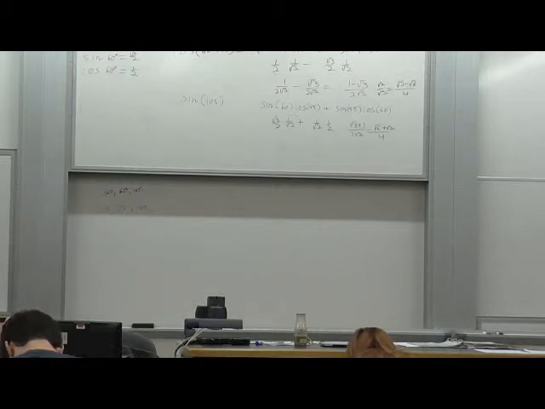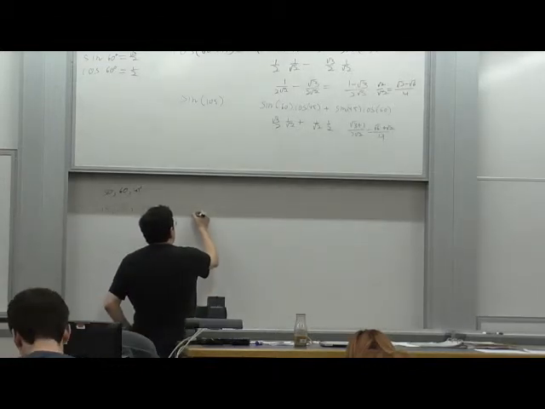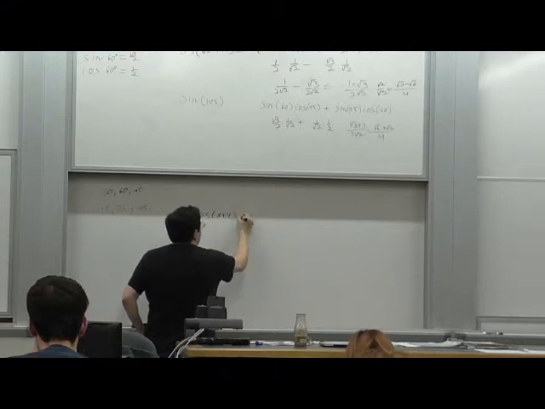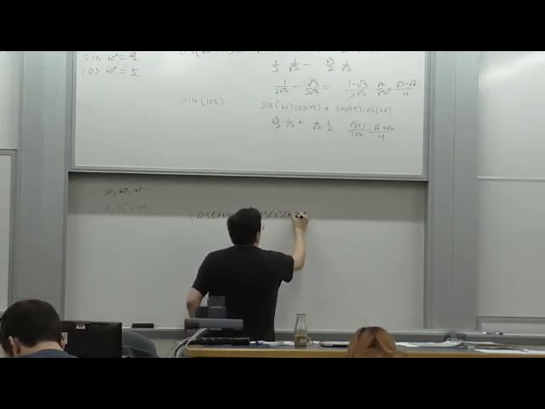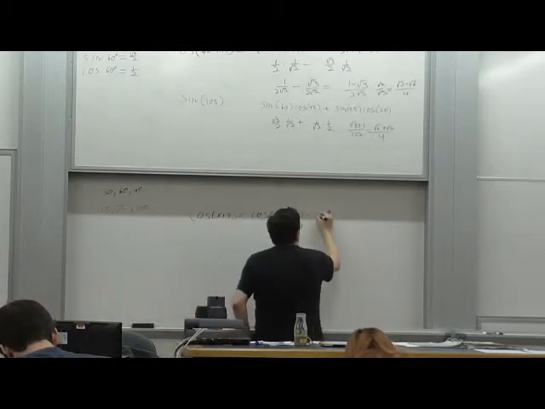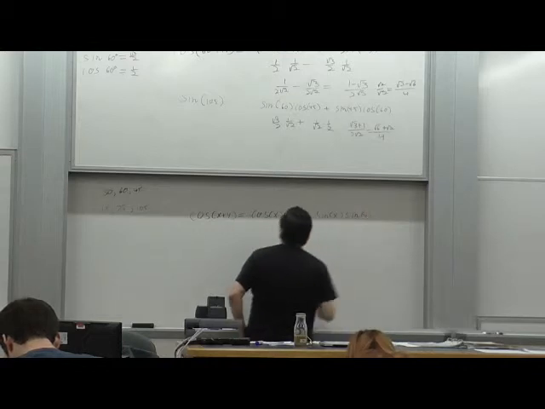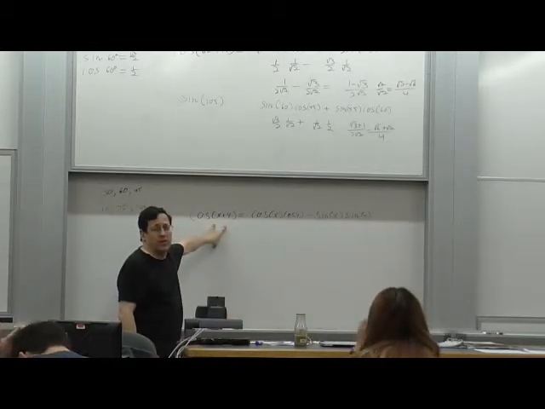Pull a little more low-hanging fruit here. If cosine of x plus y equals cosine of x cosine of y minus sine x sine of y, what if I just set y equal to x?